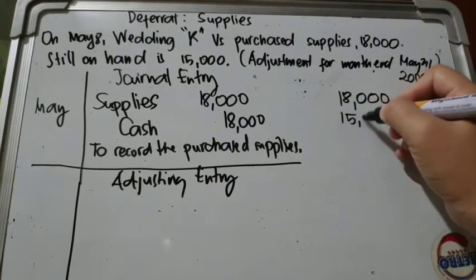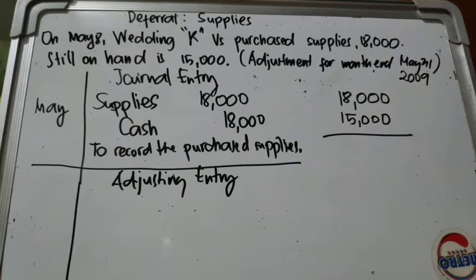As you remember, in your prepaid rent and prepaid insurance, ang inilalagay nating amount to the adjusting entry is yung na-expire na or yung nagamit na. So the same with supplies, ang ilalagay mong amount is yung nagamit.